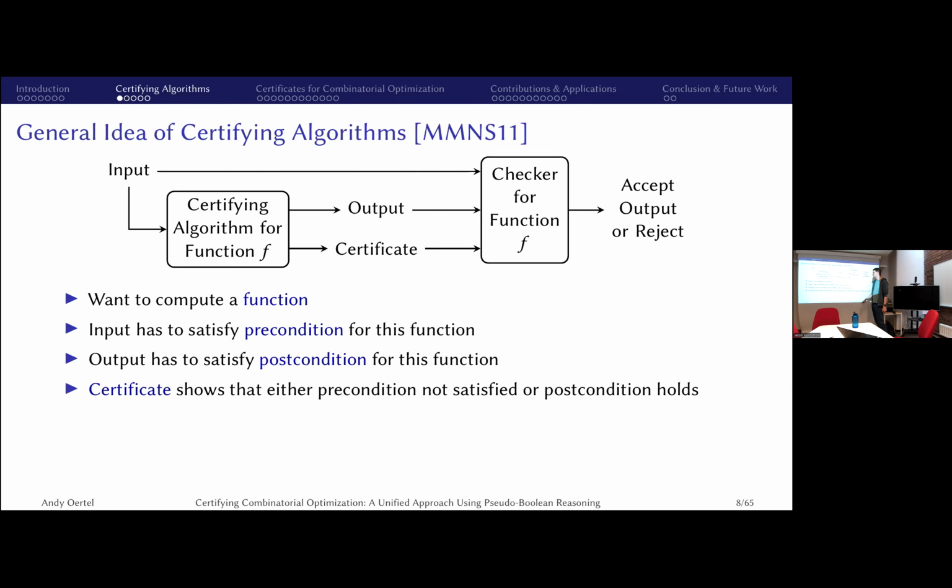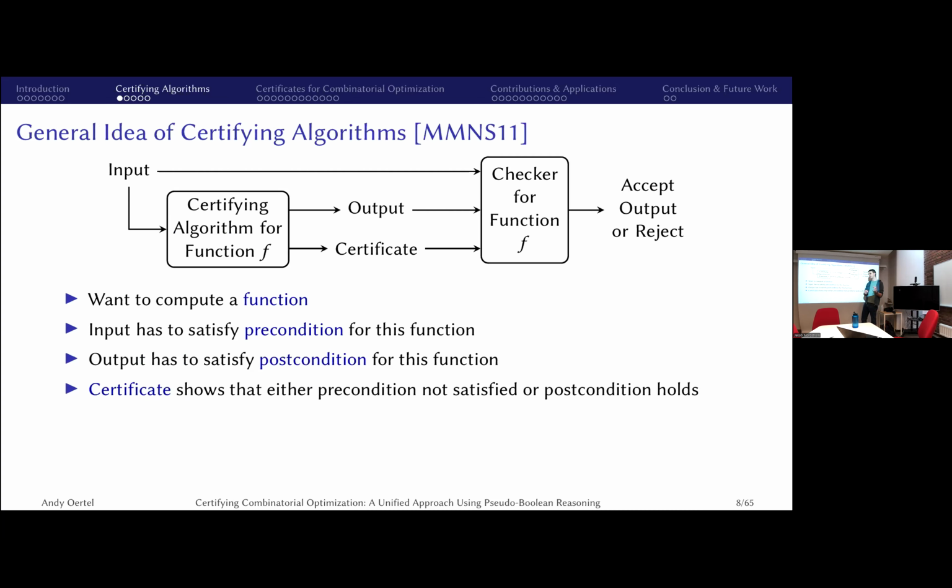To define what our certificate looks like, we first say that we have a precondition on our input. Our input has to satisfy a precondition. And then our output has to satisfy a postcondition, what we expect as output from this function.